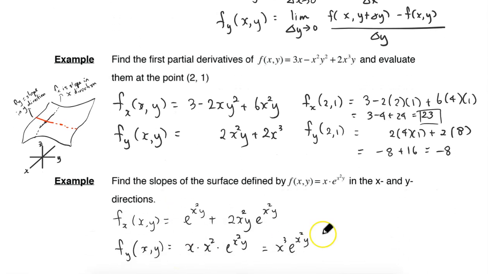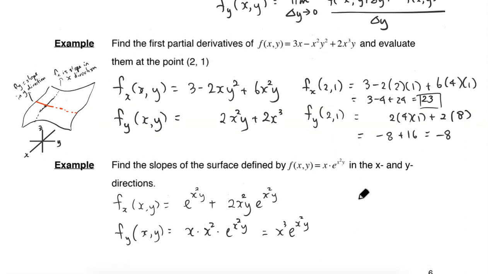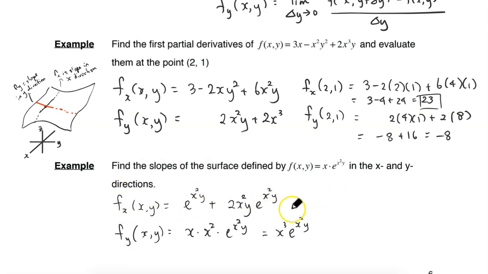So we are going to do that for another example. We are given the surface f of xy equals x times e to the x squared y, and we wonder about the slope in each of these two directions. So this is the derivative in terms of x. Let's check. It's a product rule, so we have to do u prime, which is 1 times v, plus u times v prime.